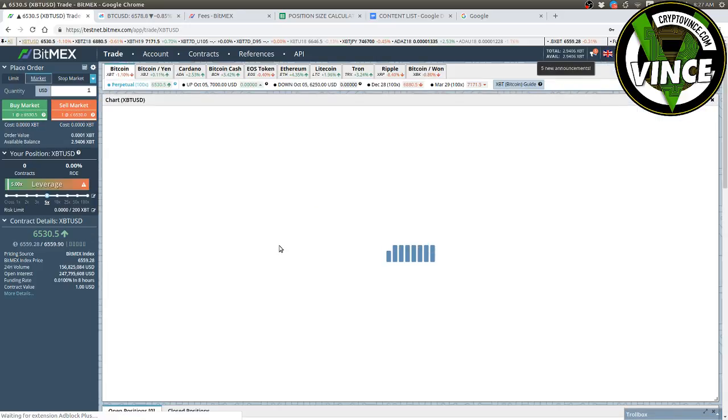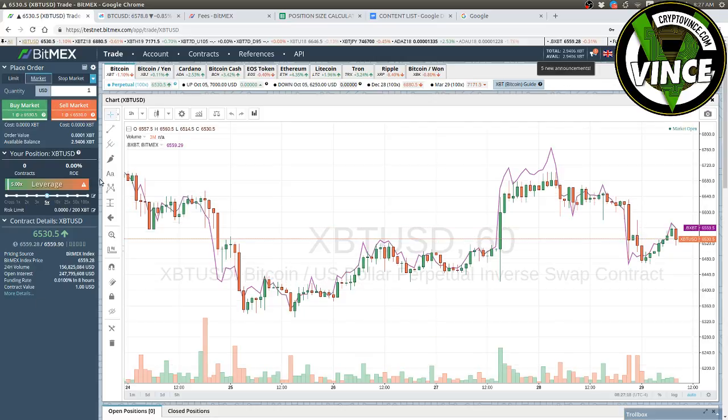In the trade page, you have your order size here. Here's where you buy contracts, and here you sell contracts. It's the same as saying I go long, I go short. Here's the cost of the position.